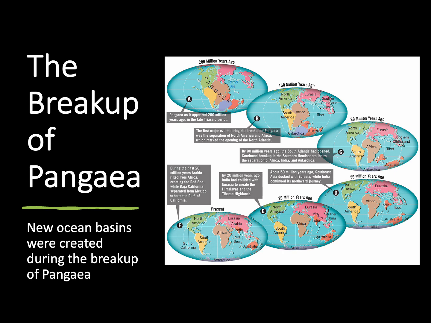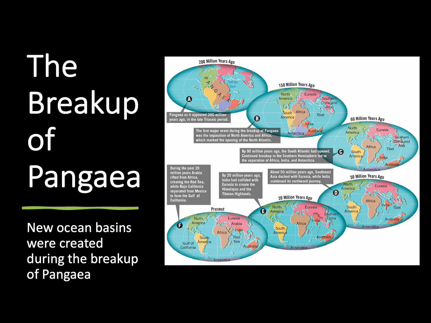So just overall, if we start off at A, this is what Pangaea looked like 200 million years ago, right before it started breaking up into smaller continents. The first thing that we see when we look at B is the separation of North America and Africa. The Atlantic Ocean is beginning to develop between them as these continents are being rifted apart.